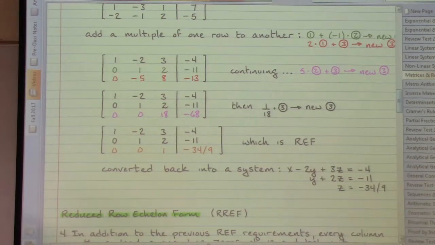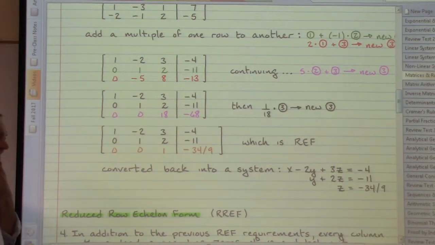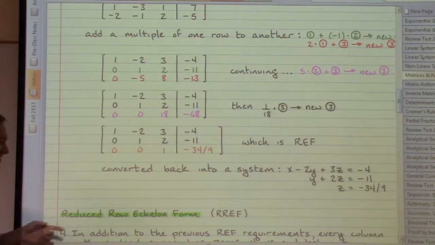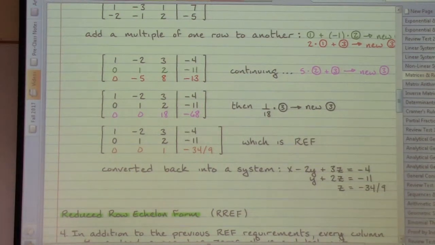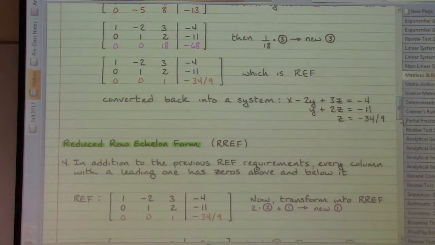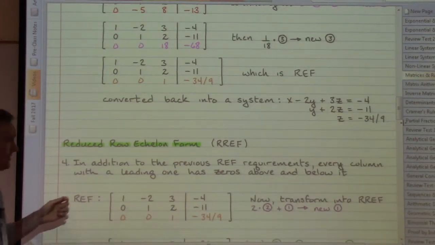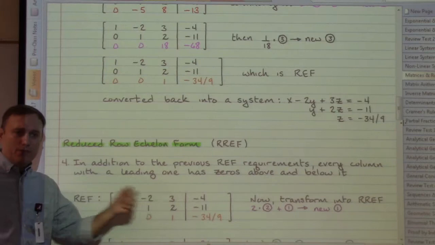And so if I don't want to have to do that, I can continue working with the matrices and come up with what we call reduced row echelon form. So this should have at least a bit of the same characteristics as row echelon form, but it should be further reduced. And it is, because this is the other requirement here.